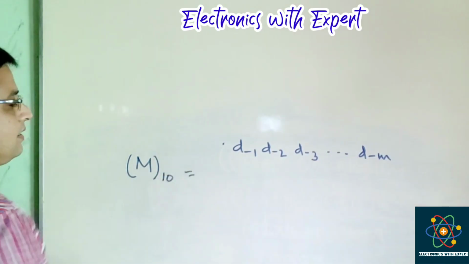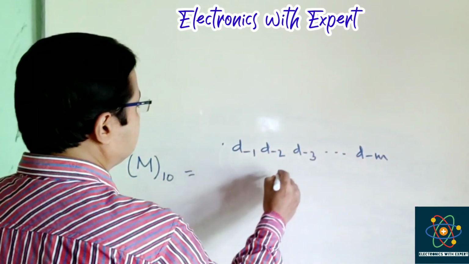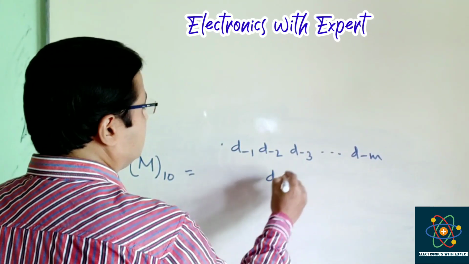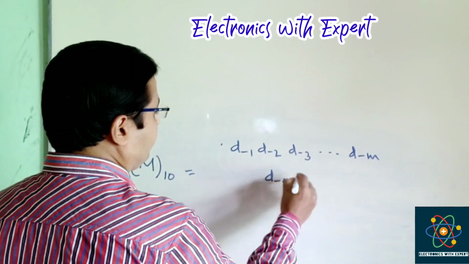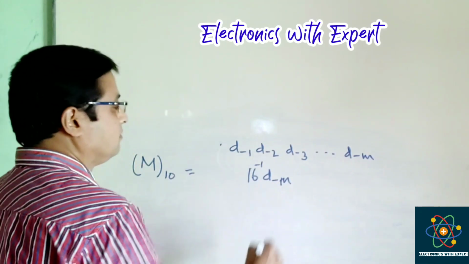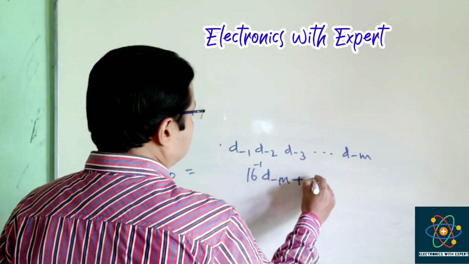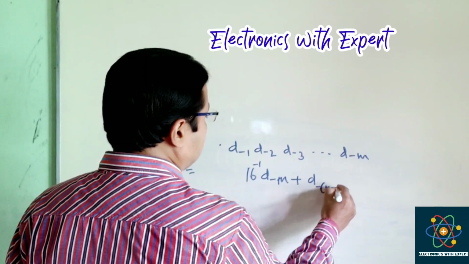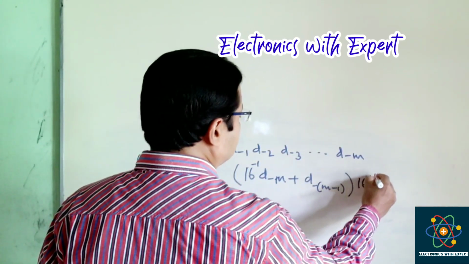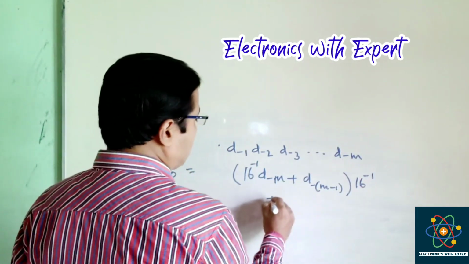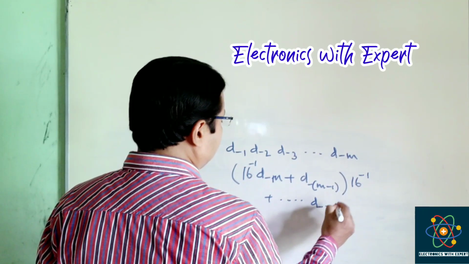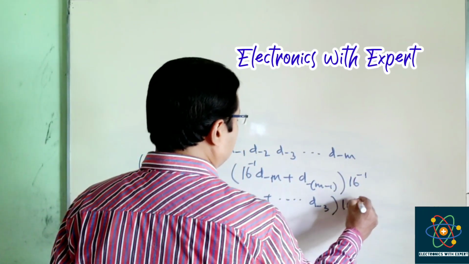this divide and add method, that is d-n into 16 to the power -1 plus d-(n-1) whole multiplied by 16 to the power -1 plus d-3 into 16 to the power -1.